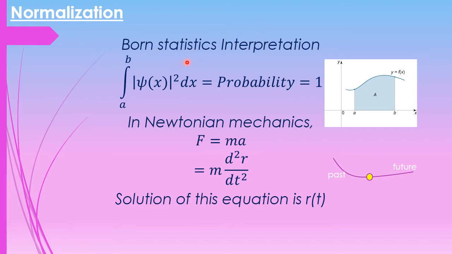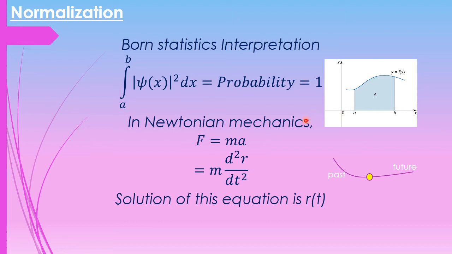Born said that if we integrate the square of the wave function along a particular direction between 2 points, say A and B, it gives the probability of finding the particle within those points. Mathematically, the integration gives the area under the curve, but physically it means the probability of finding the particle within the 2 points.